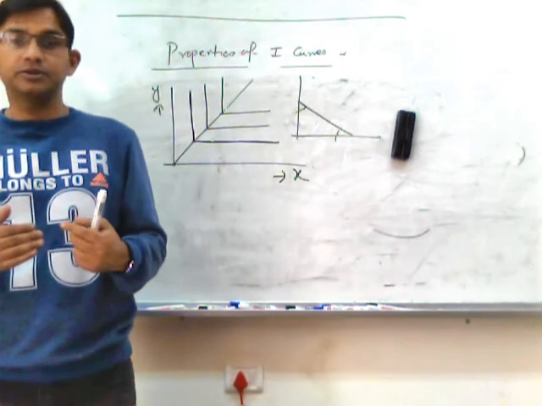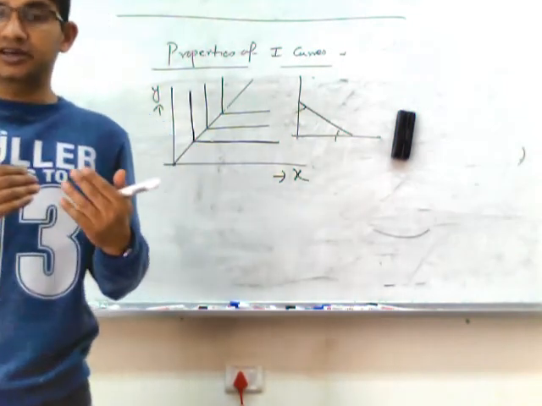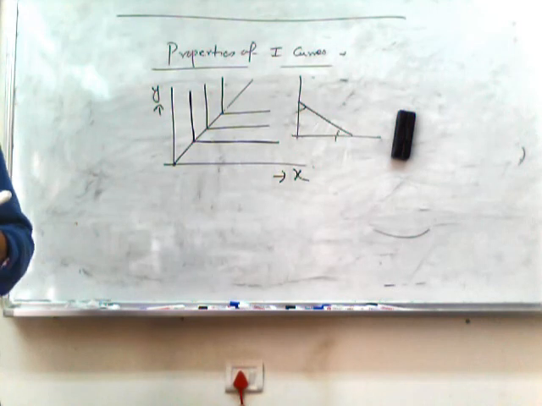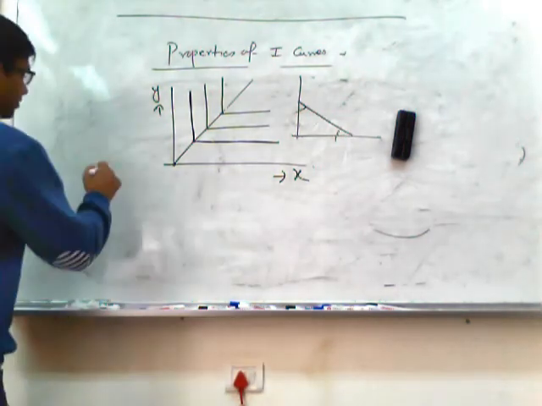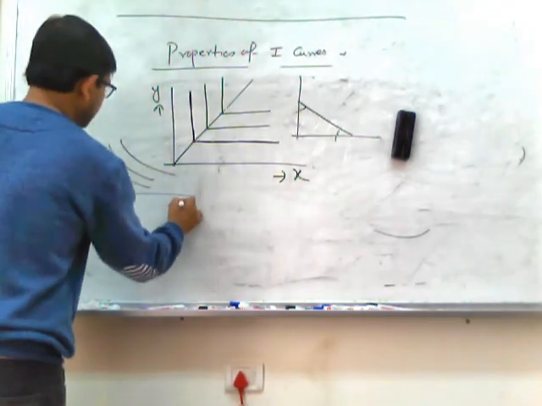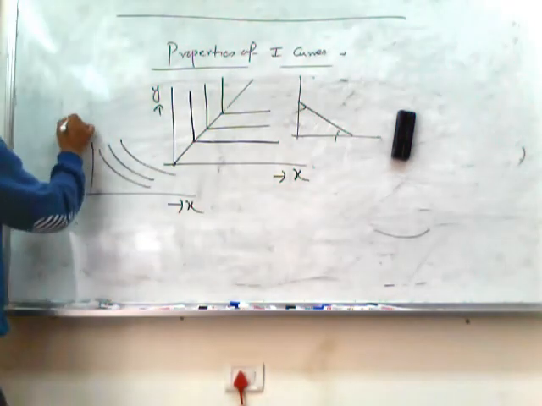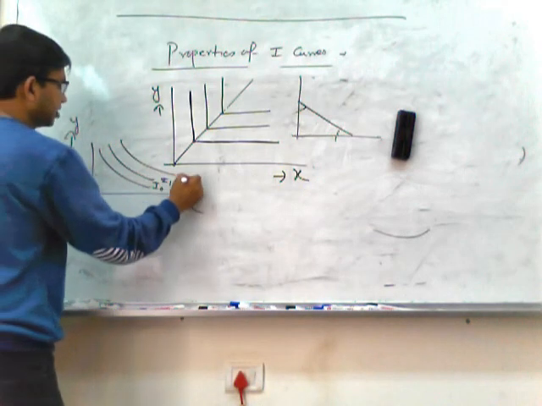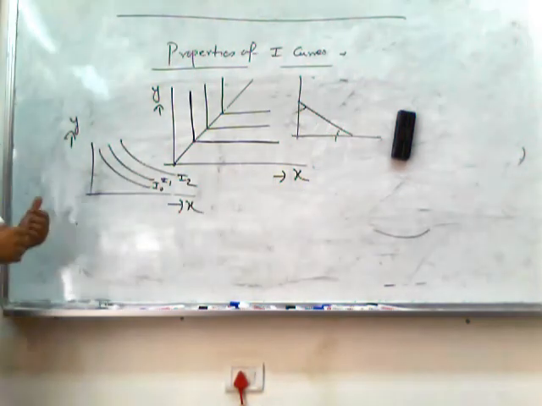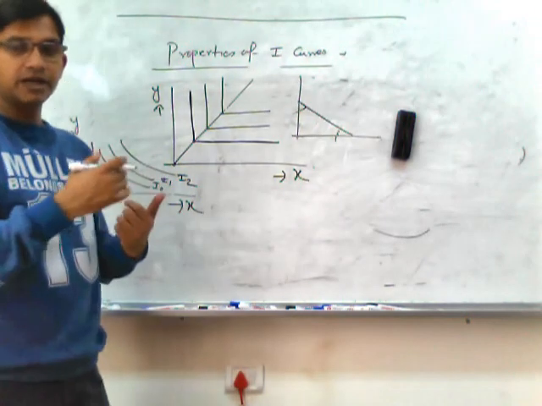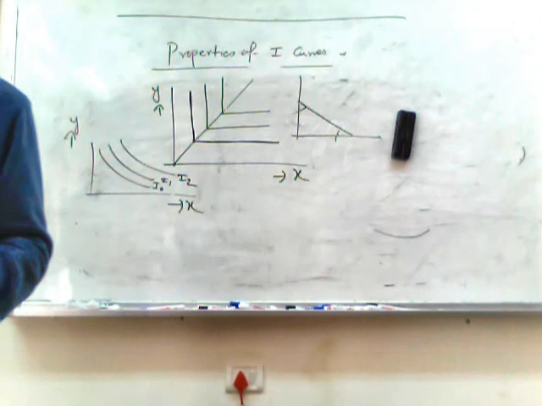So an indifference map consists of many indifference curves in the same diagram. If we draw this type of indifference curves, horizontal axis x, vertical axis y, and consider the indifference curves I0, I1, I2, we call it an indifference map of the consumer, in which a higher indifference curve indicates a higher level of satisfaction.